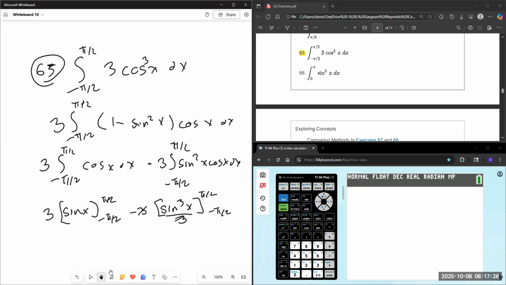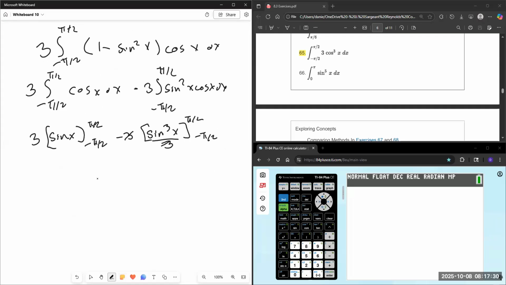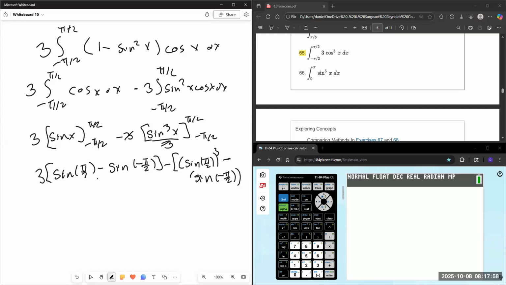So we have 3 times sine of pi over 2 minus sine of negative pi over 2, minus sine of pi over 2 cubed minus sine of negative pi over 2 cubed, all of which is 3.